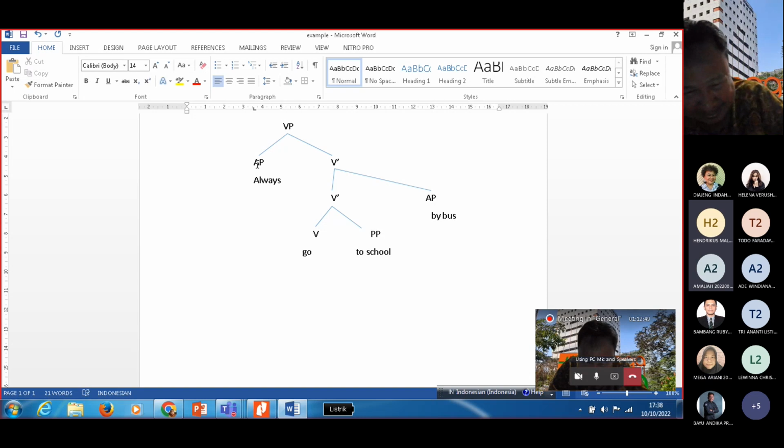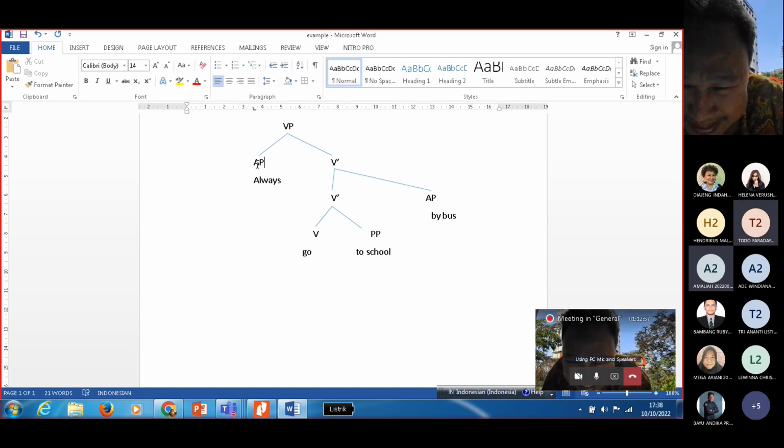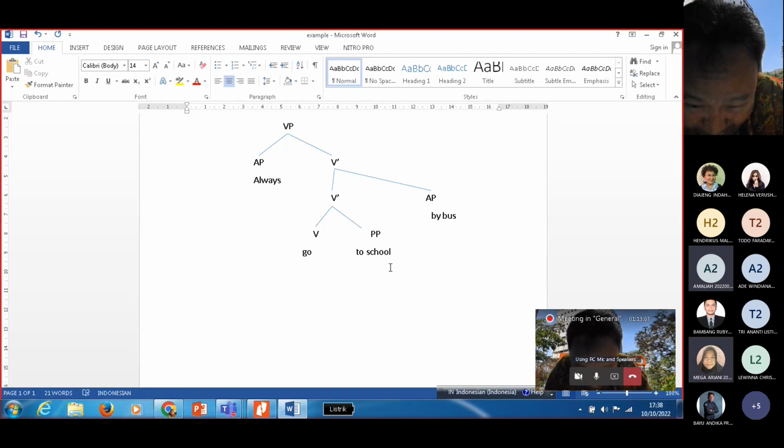Do we have to break down the PP and AP? Not yet, because I have not really talked about the complete structure of X-bar yet. That's why I use a triangle. Can we talk about the complete structure of X-bar after your exam?